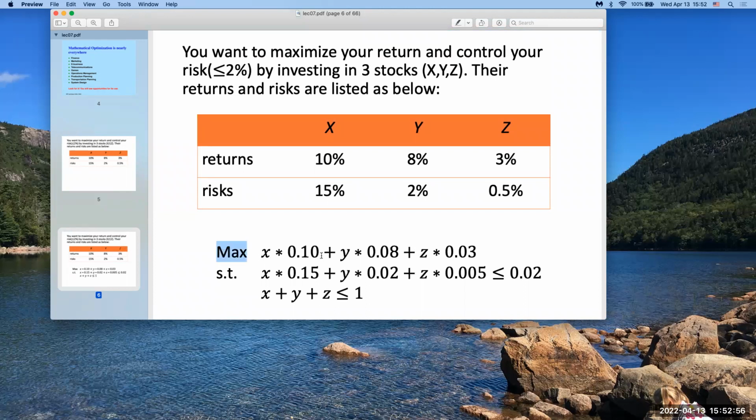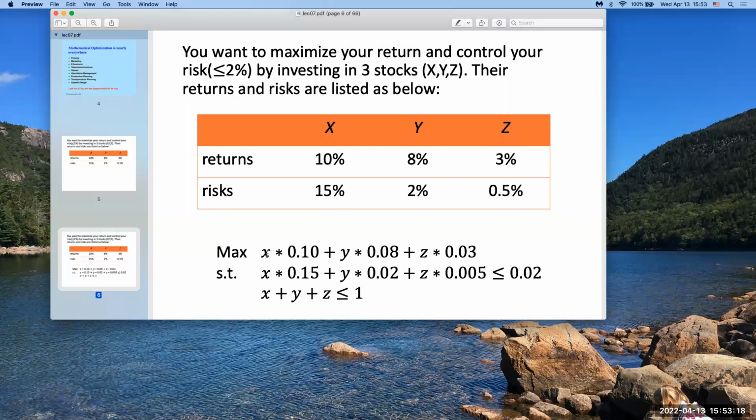Okay, so it consists of 2 parts, but actually it's 3 parts. The first thing is the objective function. That's our target. And in this example, we want to maximize the profit. Oh, sorry, maximize return. So basically we got the equation.